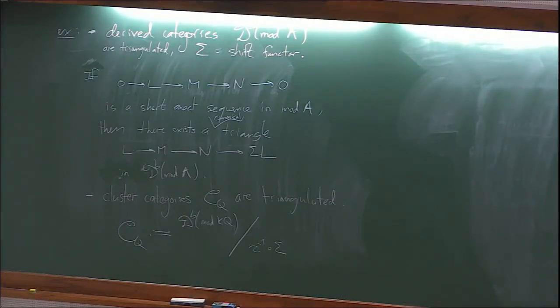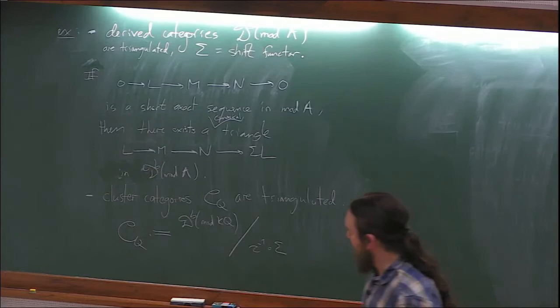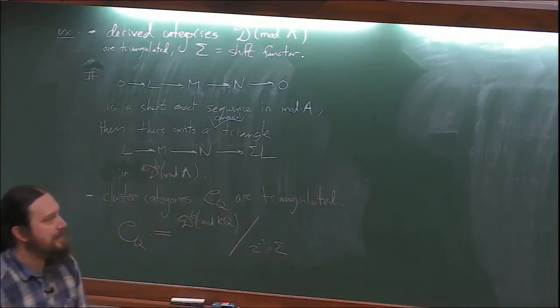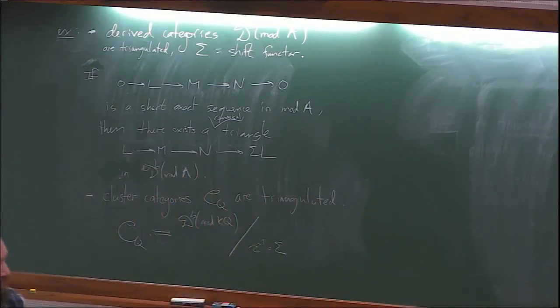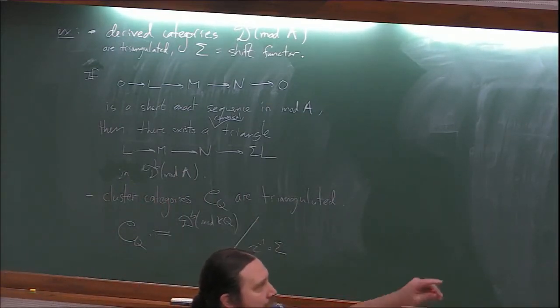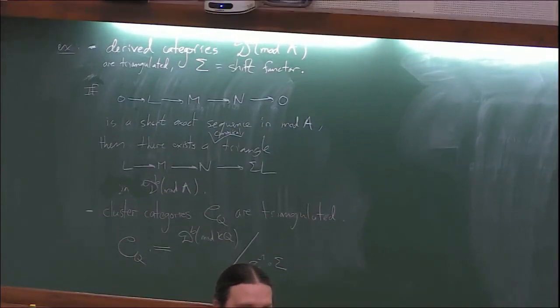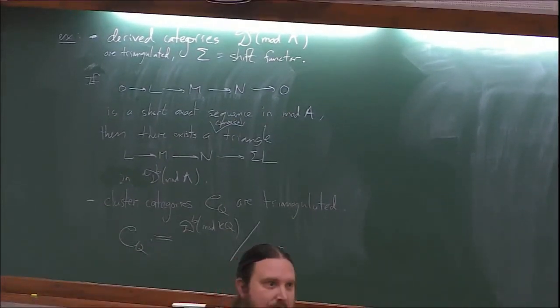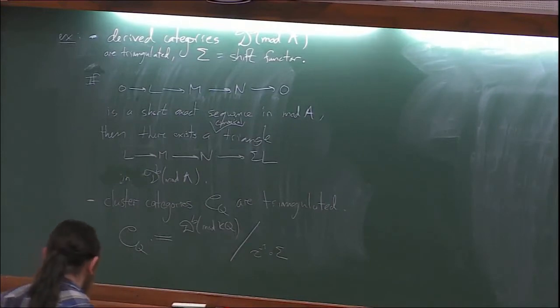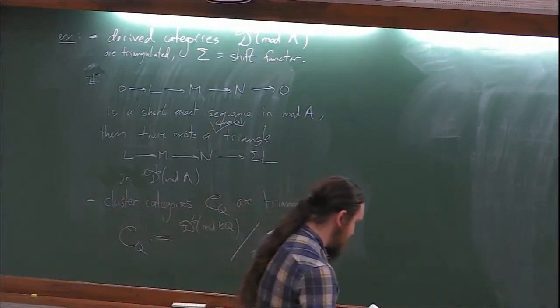Now, these axioms are a lot to absorb. It's a nice thing to play around with these axioms. I should say that even though the octahedral axiom seems a bit complicated, it is essential in most of the proofs of the results that we're going to state later. Now, what can you do?